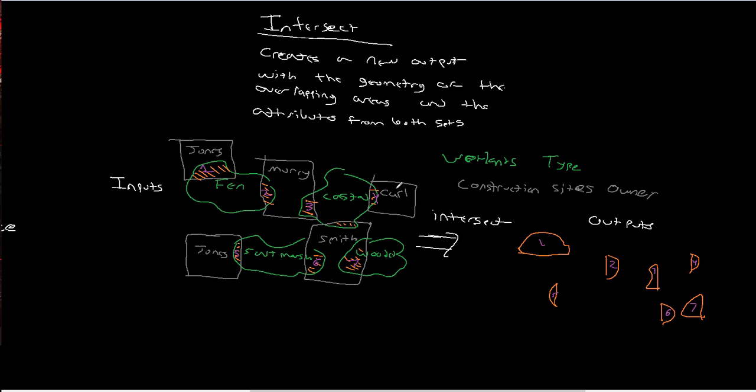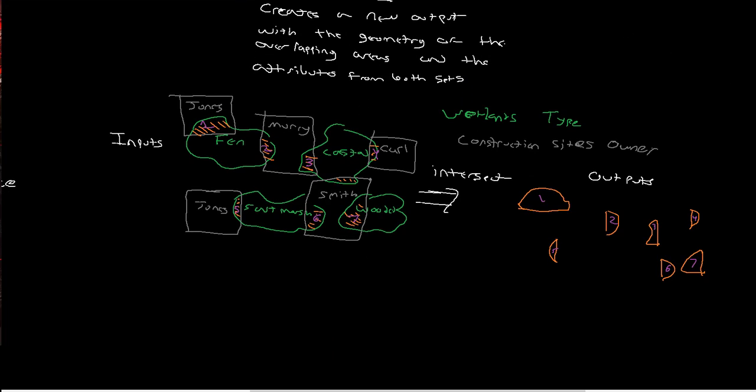Let's talk about what the attributes from both sets means for a second. I'm going to give us just a little bit more room. Let's talk about the attributes for feature 1. What attributes is it going to have? It's going to have the attributes from both sets, so it's going to have a type and an owner.